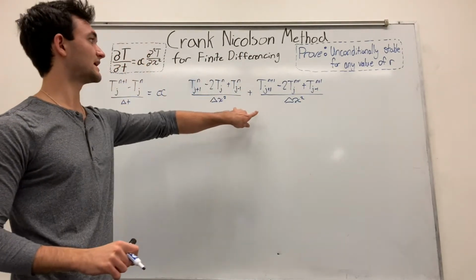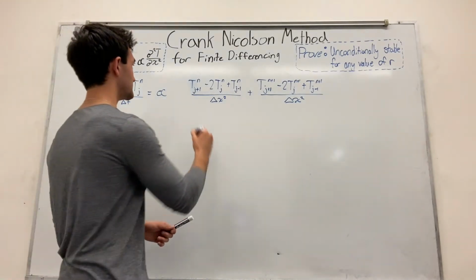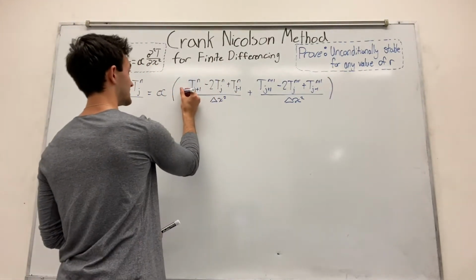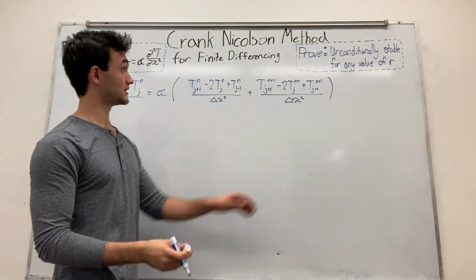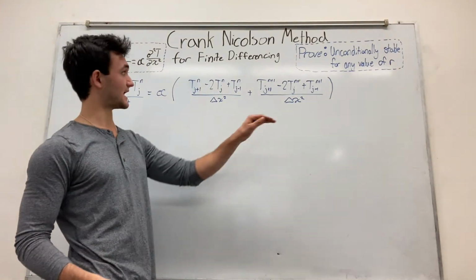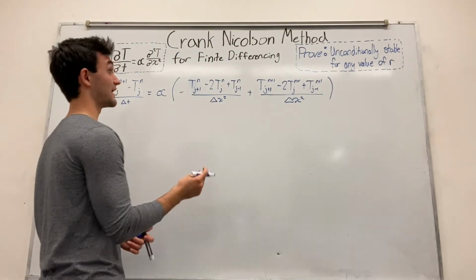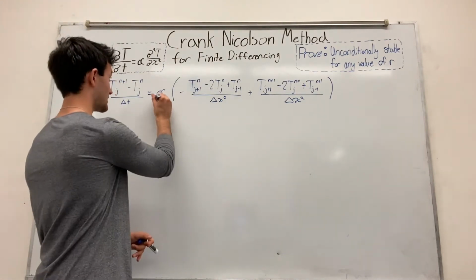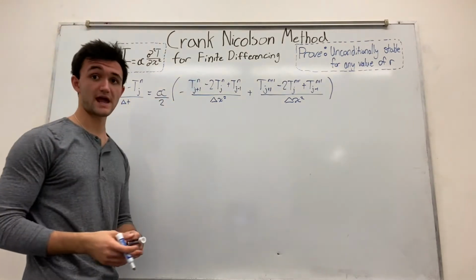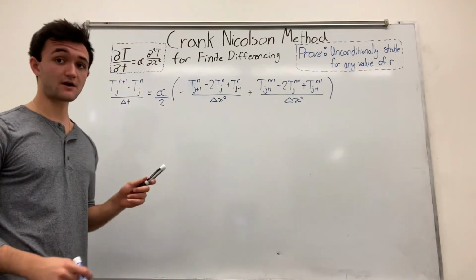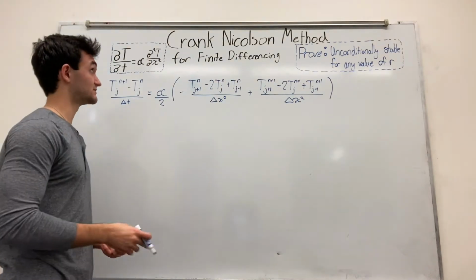Cool. In order to take an average of these two, I'm going to put parentheses around this, and it's going to be final minus initial. So this is your final term here, and this is your initial term here. Throwing in the negative there, and then in order to take the average of the two, I'm going to divide by 2.